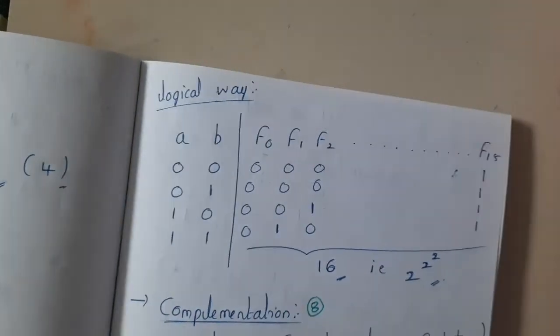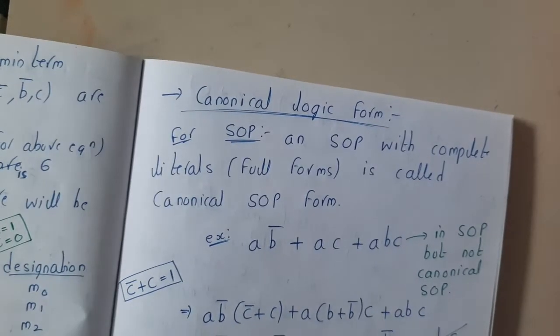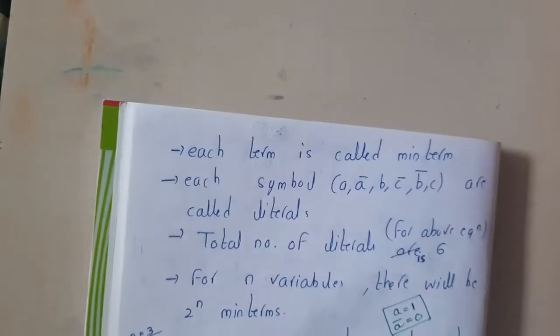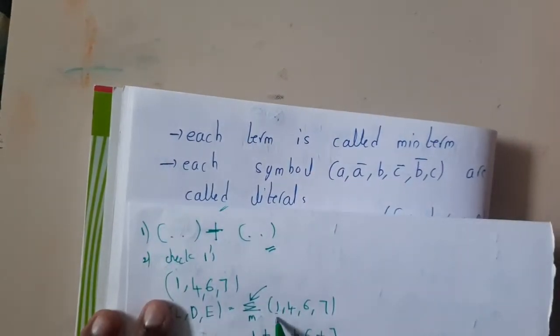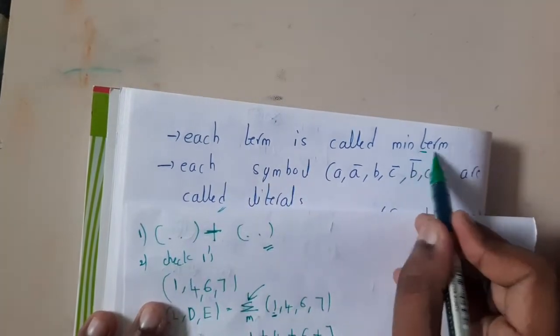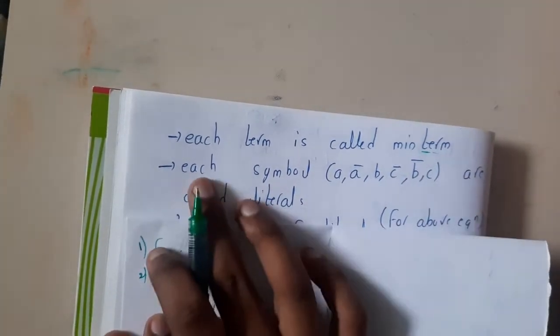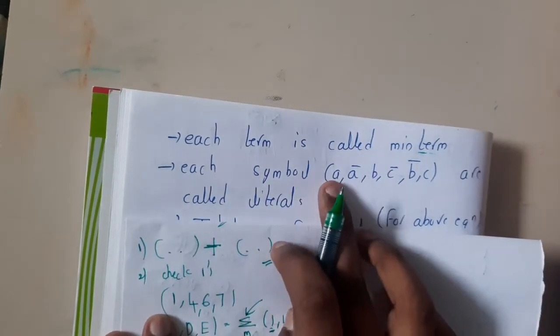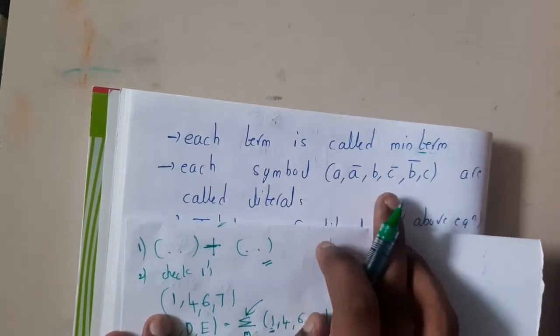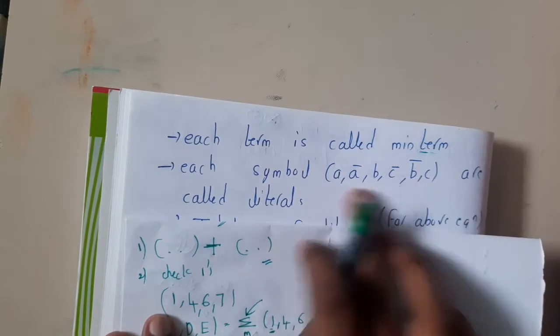Each of these terms is called a min term, guys. You'll understand why they are called min terms, so don't worry. Each symbol can be A bar, B bar, C bar. I have written them in a shuffled way.